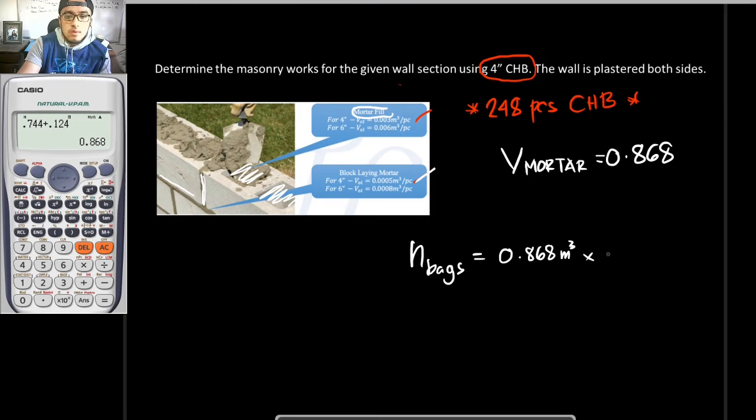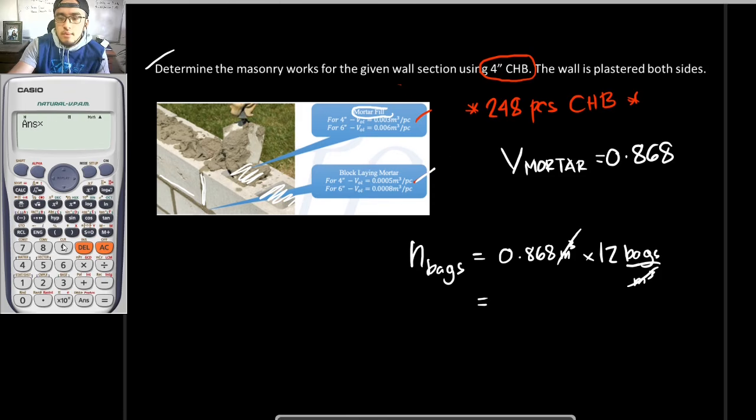So bakit pala 12 bags? Kasi walang sinabi ko anong class dito, and as per default, that is to be 12 bags per cubic meter. So if you multiply them, you arrive at 0.868 times 12. So that would be 10.416 bags.